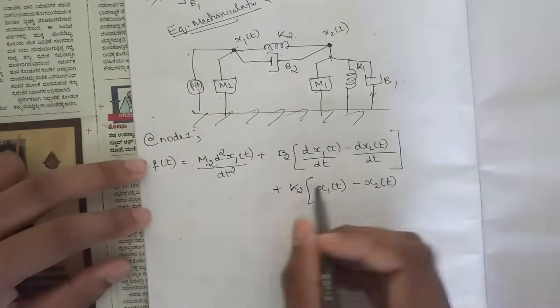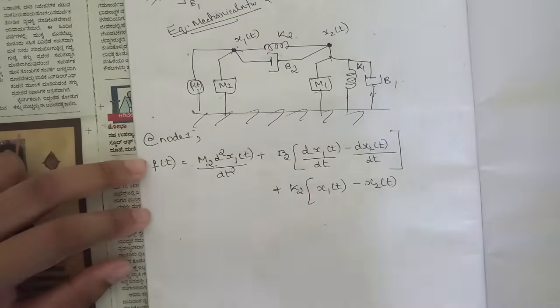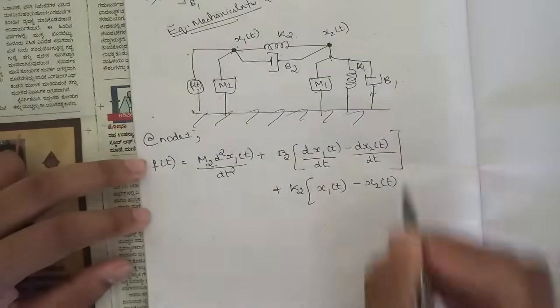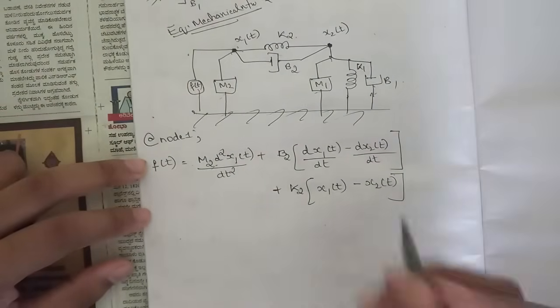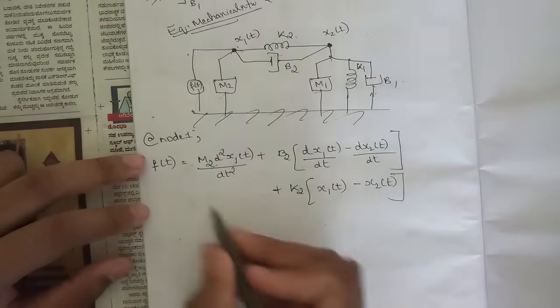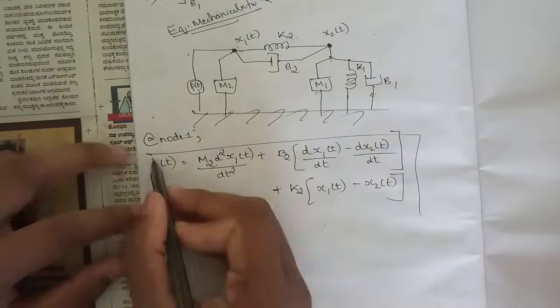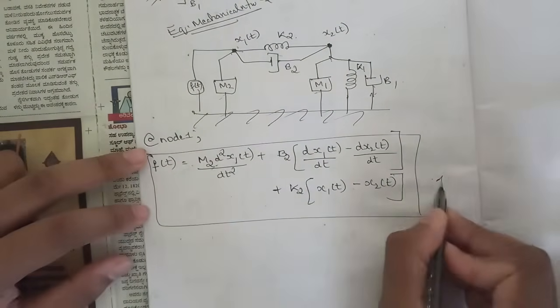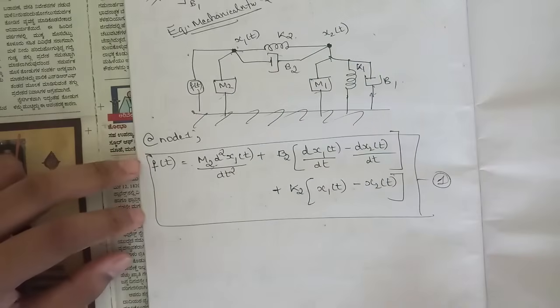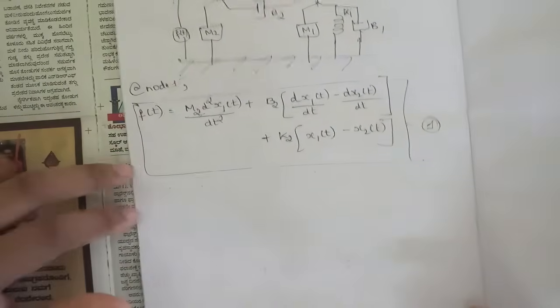For k2 we don't have any derivative, so it's only x1 of t and x2 of t. This is the equilibrium equation for node 1. Name it as equation 1.